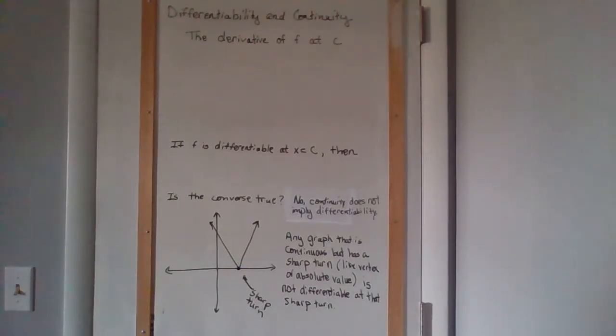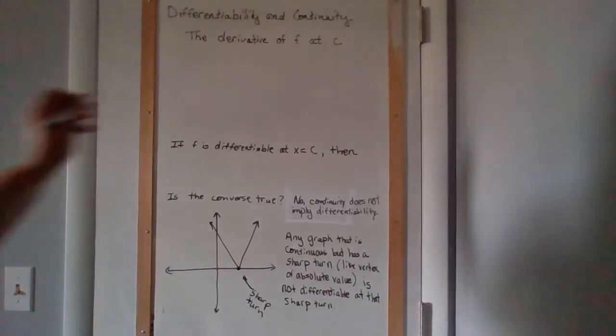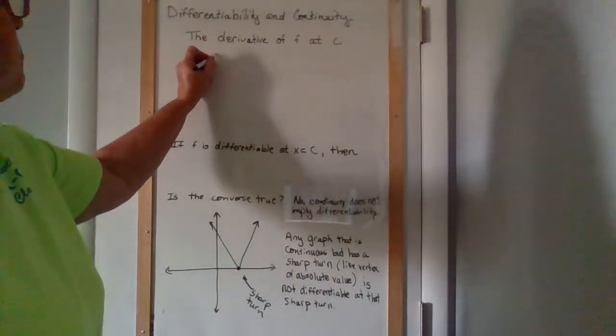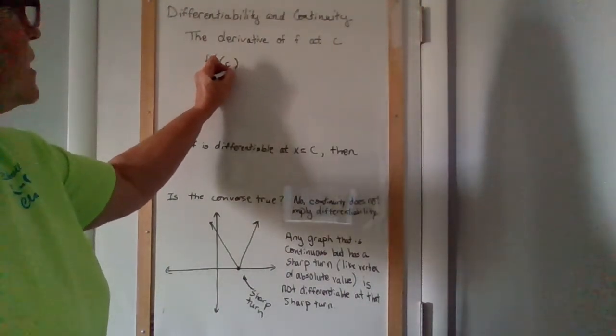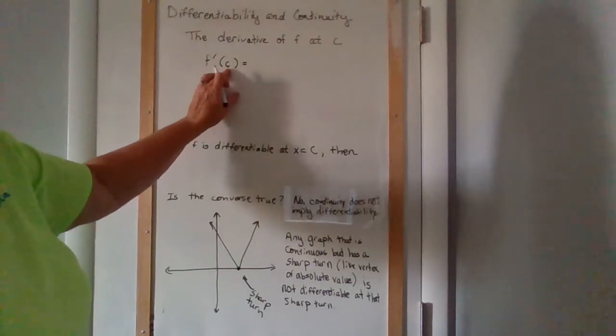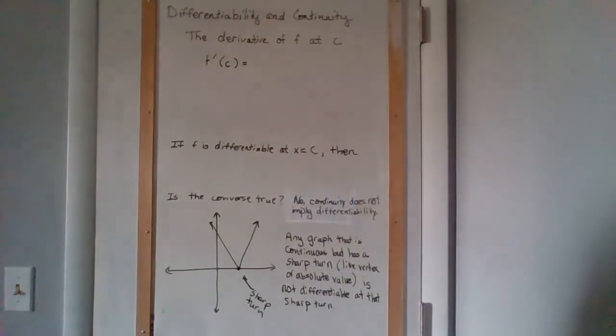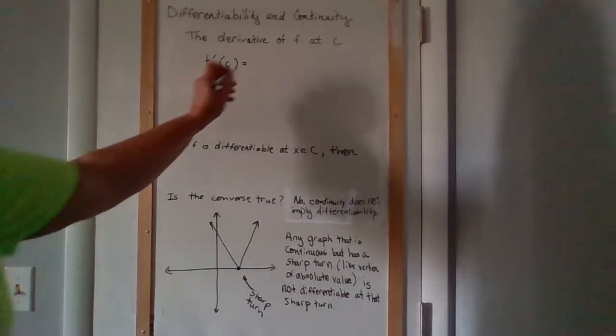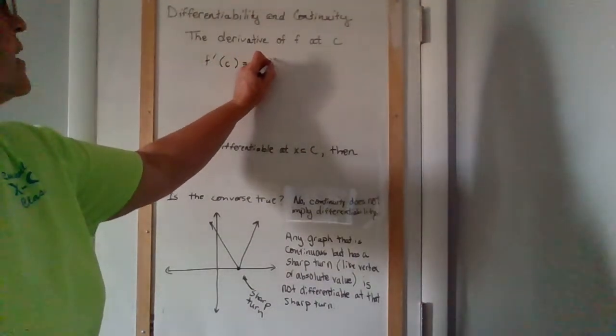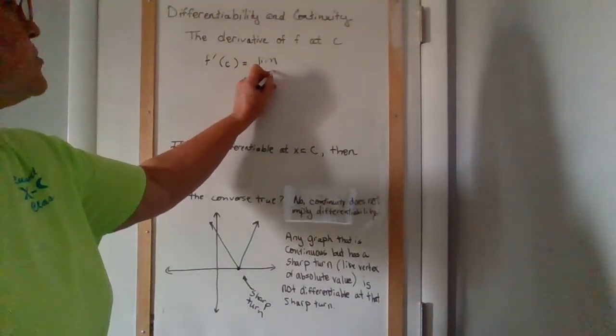So the derivative of f at a c value, remember c is a particular x, could be known as f prime of c. So in other words, you would have a number in place of just an x, and that would be the limit as x approaches c.